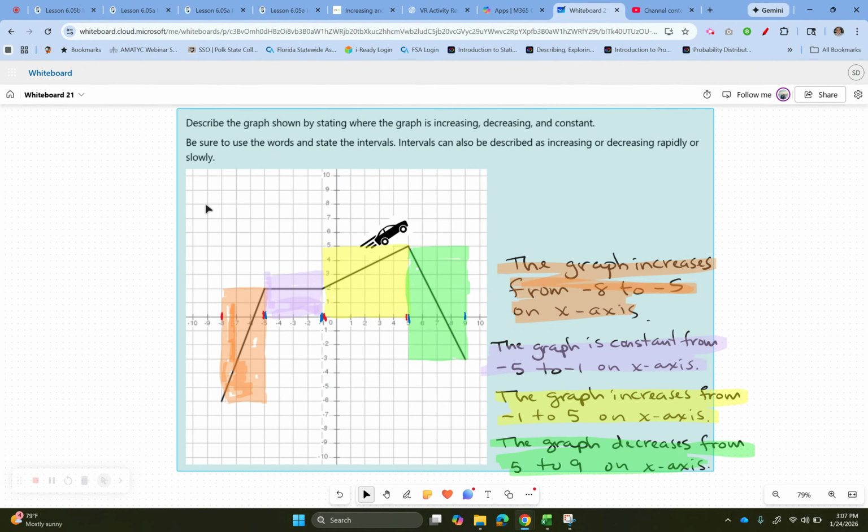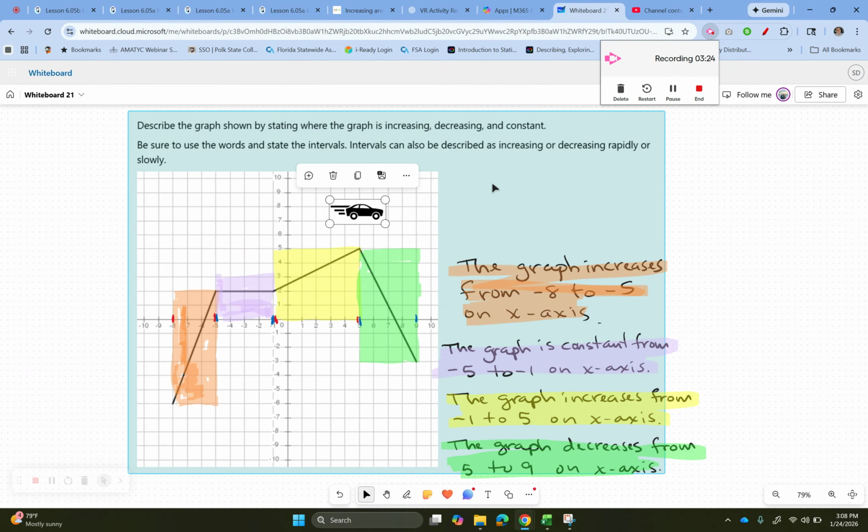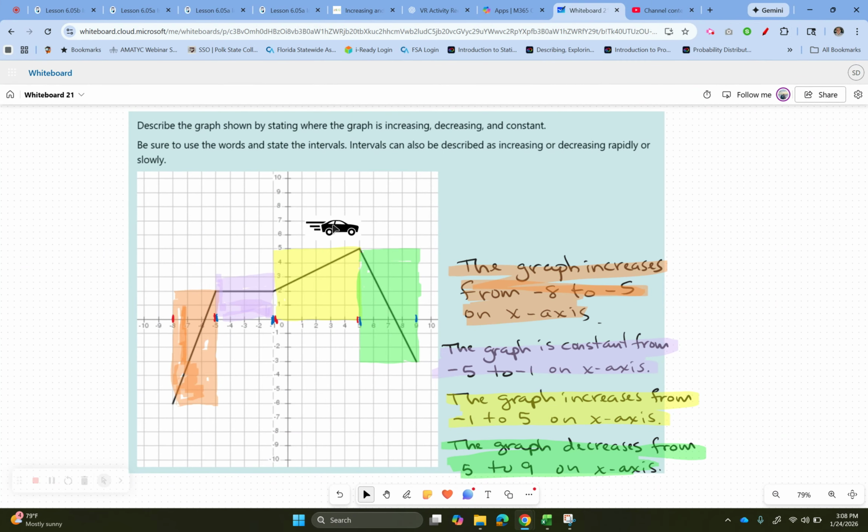So basically, that's what is really happening with the graph in that yellow section. So now what I'm going to have to do is take the car, and when we get to the green area, so when the car gets to the end of the green area, which is up here, the car cannot keep going up because, as you can see, there's no line to keep going up.